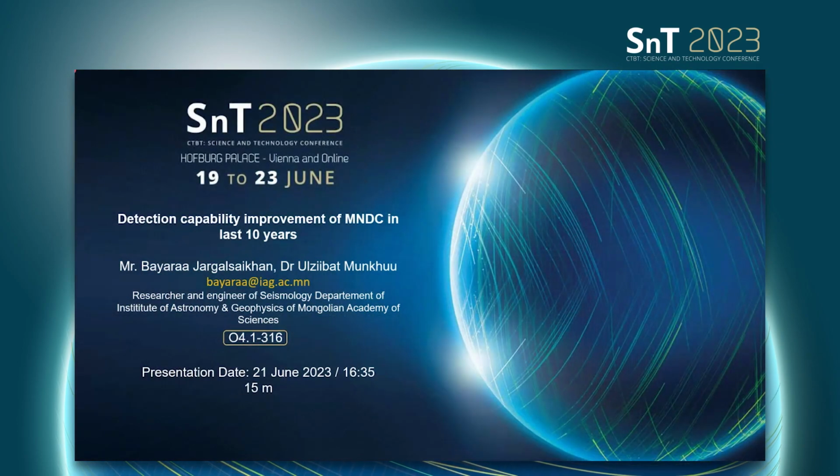Good afternoon, everyone. My name is Bayaraa. I'm working for the Institute of Astronomy and Geophysics of Mongolia. Today my presentation is about detection capability improvement of the Mongolian NDC in the last 10 years.